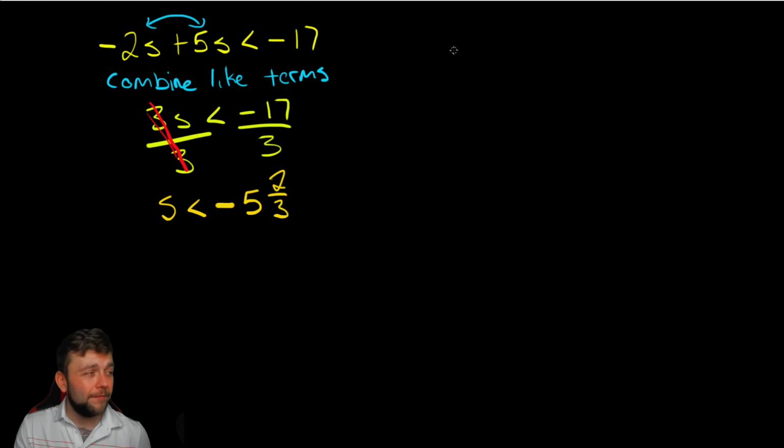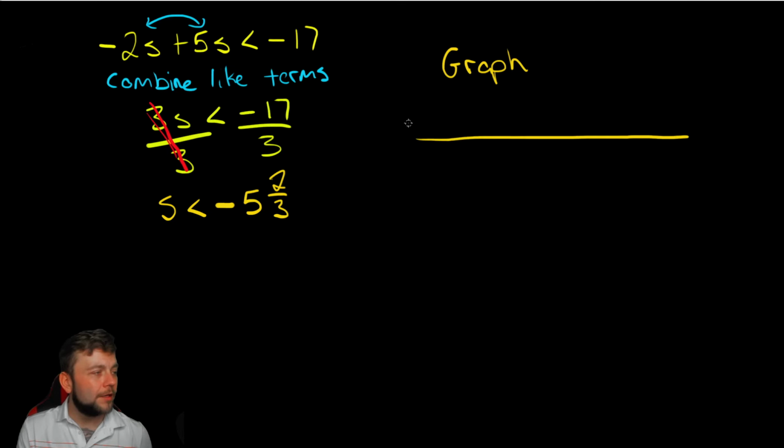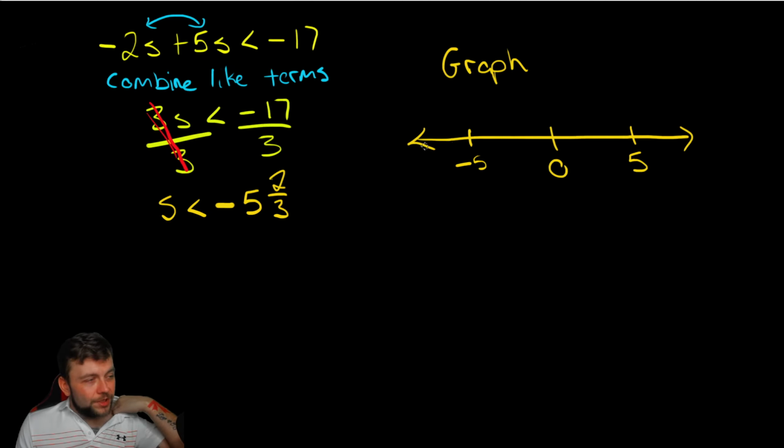If we were to graph this problem, we would have our 0, and this time I'll add a little bit more room. So we have our +5 and our -5, and we'll just say that this right here is -6 because we need to be in between those 2 points.